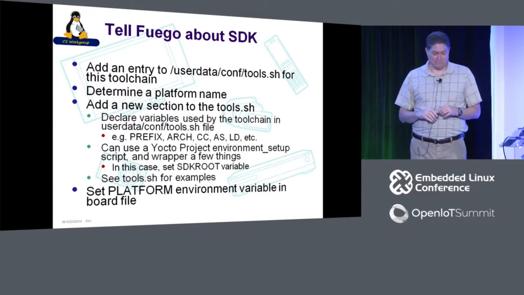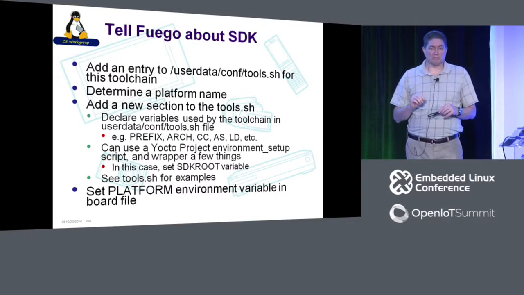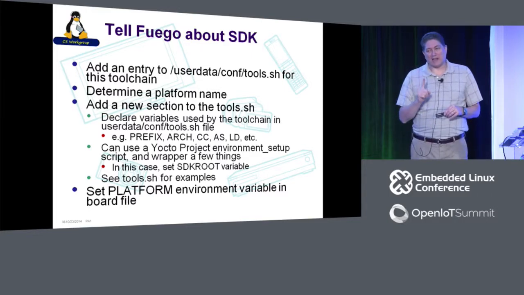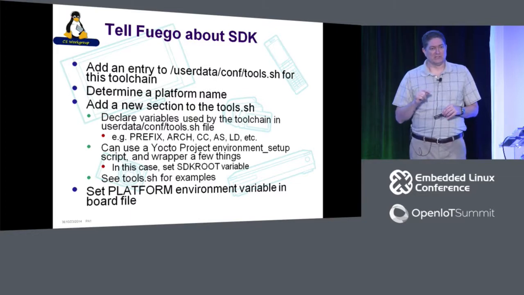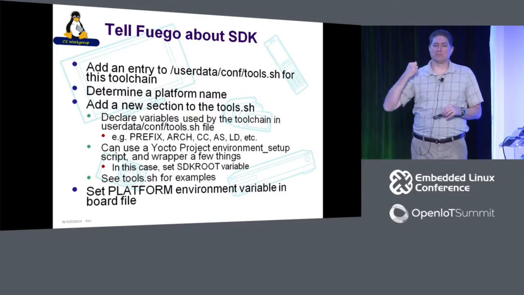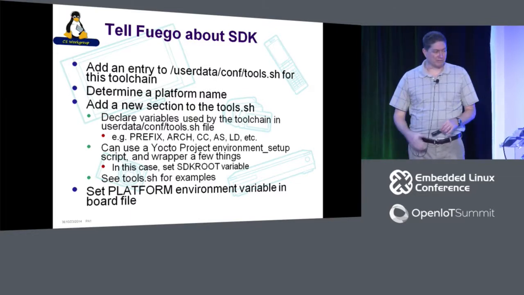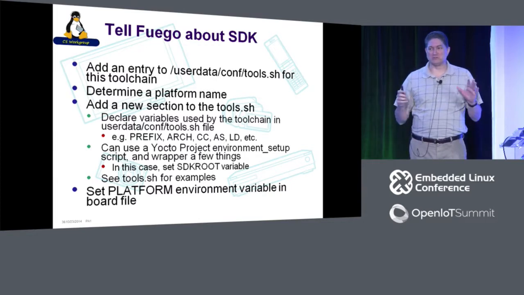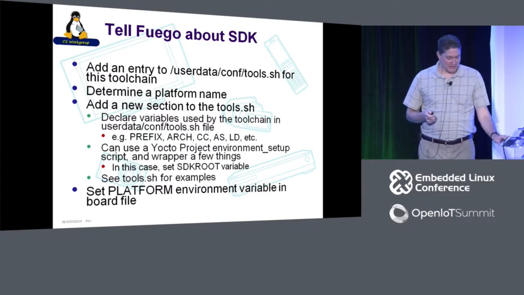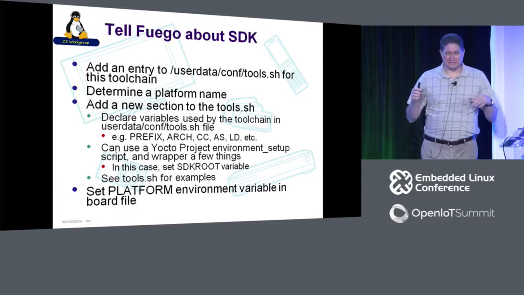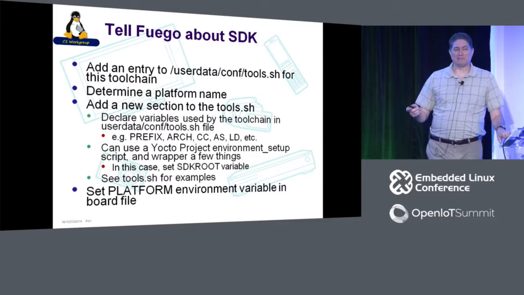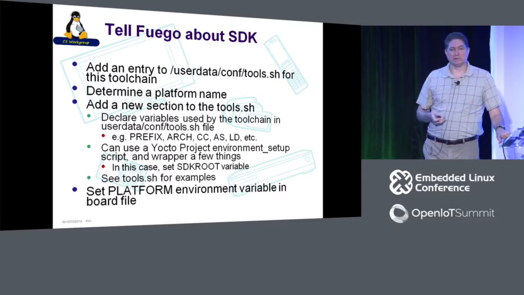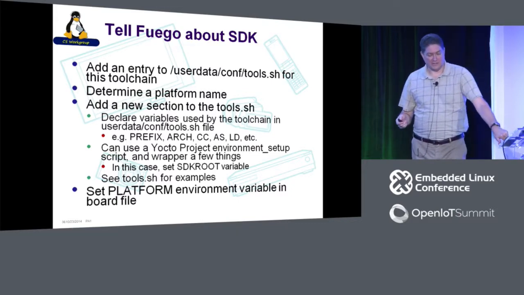In the case of a Yocto project SDK, you actually only have to add one, maybe two environment variables. And then you just source the environment script that Yocto creates, and it sets up all the other environment variables for you. So it's supposed to be super, super easy to do. It looks complicated, but when you get into it, it's actually not too hard. And then to use that platform, you set that environment variable in the board file for whatever boards are using that image.